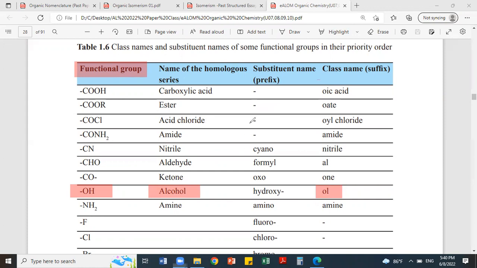And if it is not a functional group, imagine now, why is hydroxy also there? Imagine in a compound you have both COOH group and OH group. Then what happens? We give the priority to the COOH group, because they have given the priority order here in the resource book, unit organic chemistry, page number 17.